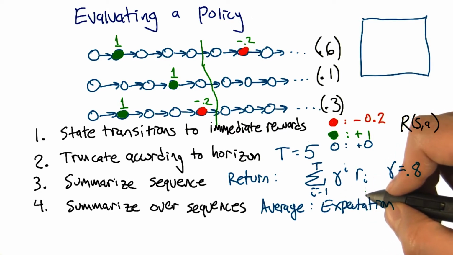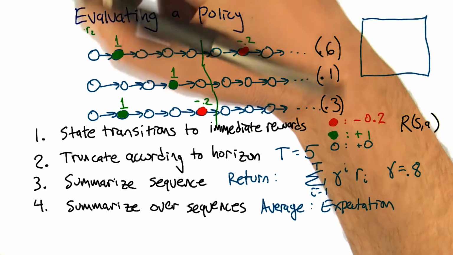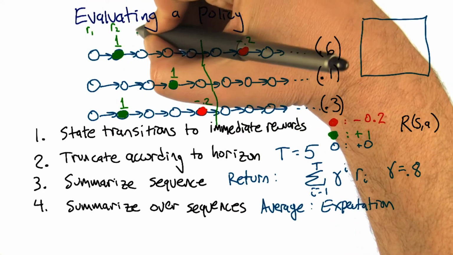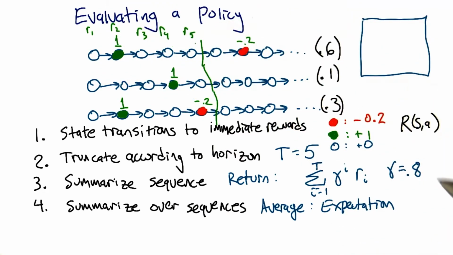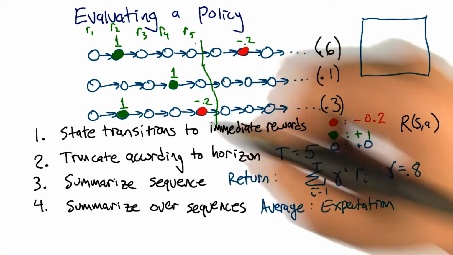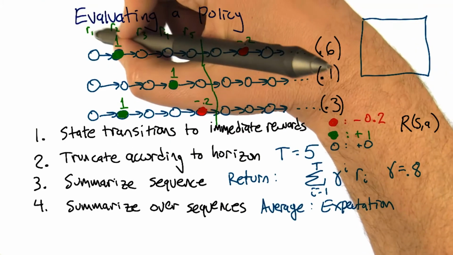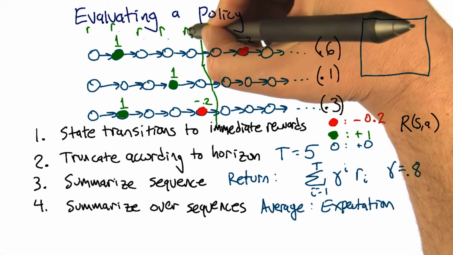Taking this literally, the first reward is R1, and then the next ones are R2, R3, R4, R5, and the gamma corresponds to the index number. That doesn't seem right. Yeah, but it is what it is. It seems like it should be 0, 1, 2, 3, 4. Oh, I see, if you call the first one 0. Oh, I like that better. But probably for the quiz, we should accept either way. Sure, either way.